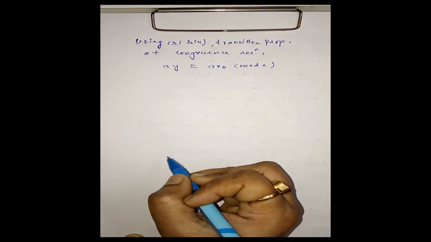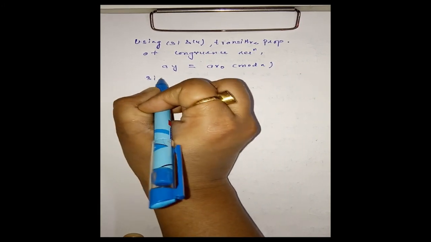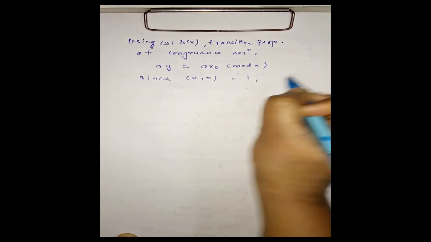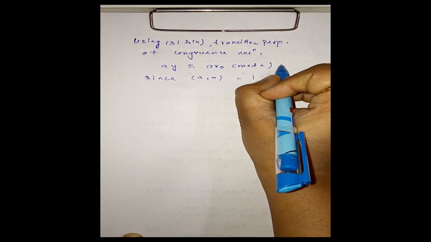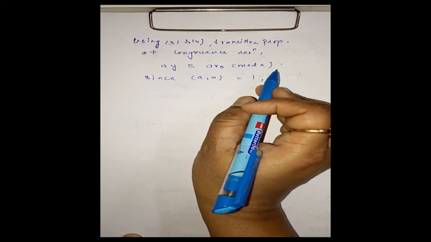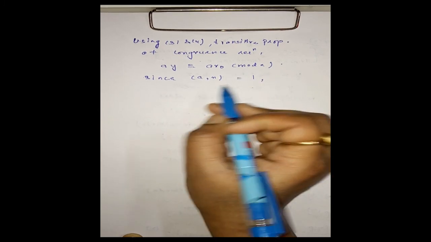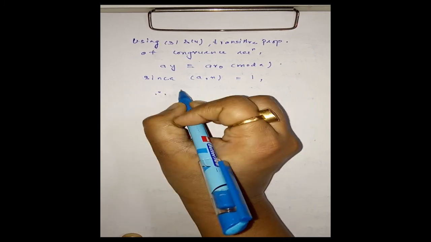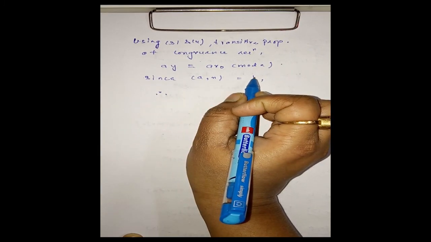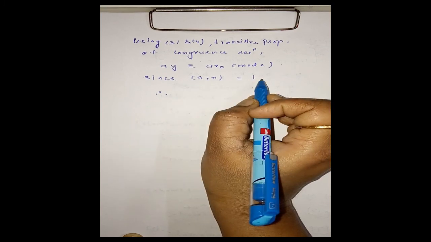Clear? Now, since it is given that GCD of a and n is 1, and we have this relation, ay is congruent to ax naught modulo n, and also GCD is 1, therefore, using the cancellation property, we can use the cancellation property here if this condition is satisfied.